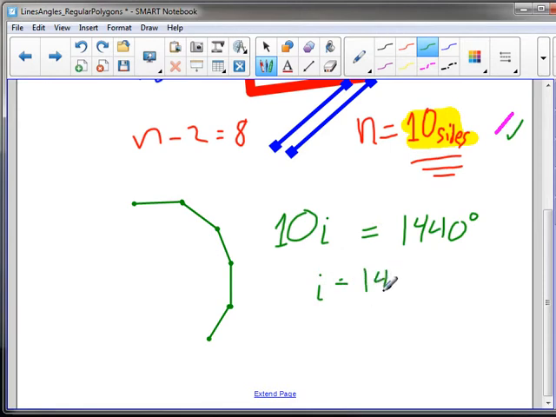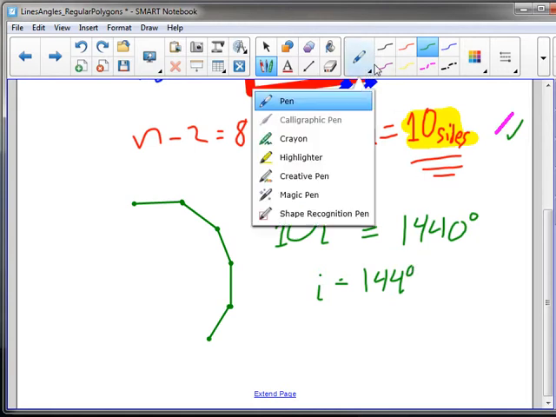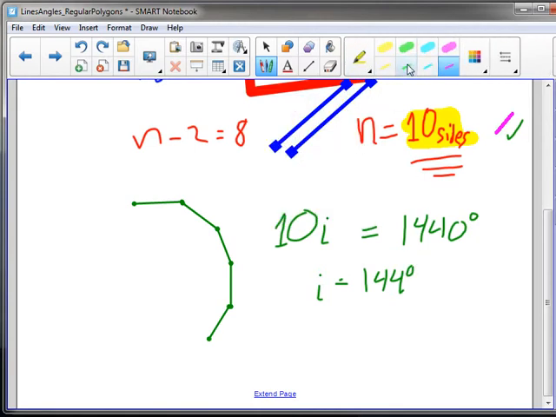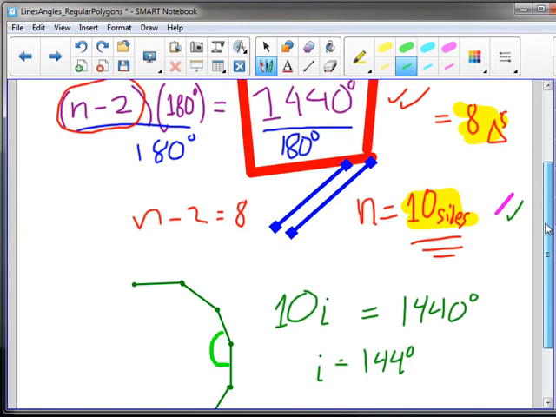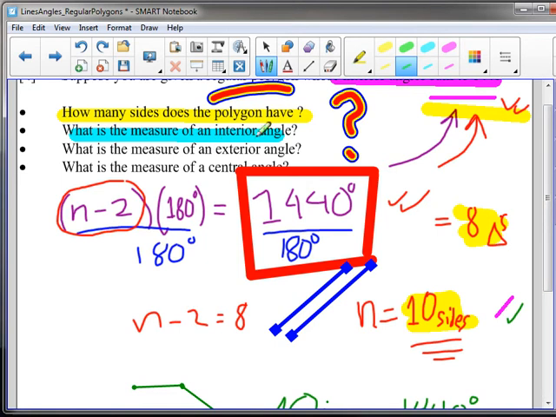This is getting a little bit tough writing with this mouse, but let's hang in there. Nice job. So now we've got an interior angle. Whoa, very obtuse. 144. Fantastic. But what else did we have to do? We've got each interior angle. Now each exterior angle.